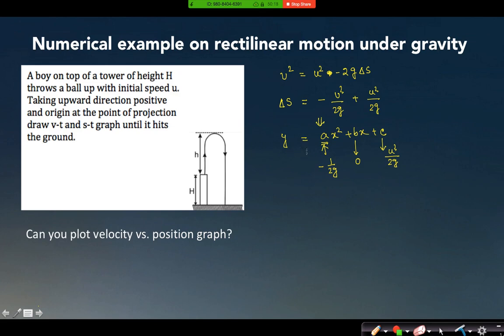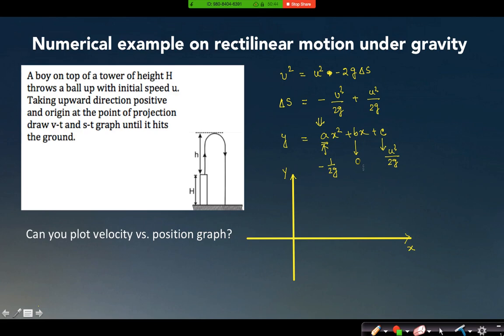Now I can easily plot this function. Try to plot this function. It is a parabolic curve that we have already seen how to plot. If I take my y-axis to be here in this way and x-axis to be here, then how do I plot y versus x? You can say it is an open downward parabola.